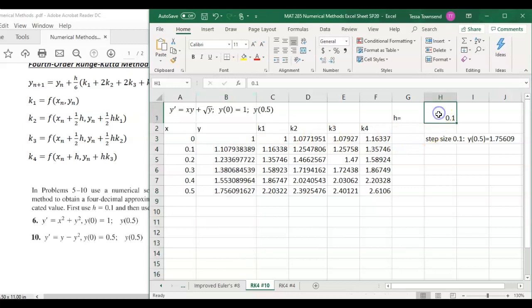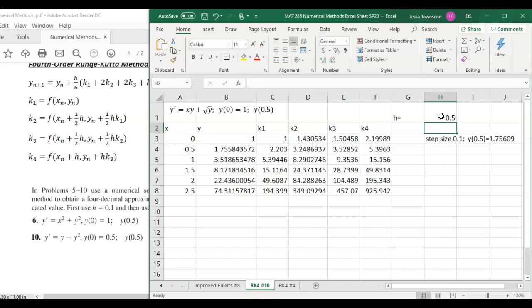So likewise, if we were to change this to 0.5, we could, but we would have to carry all of these formulas down.